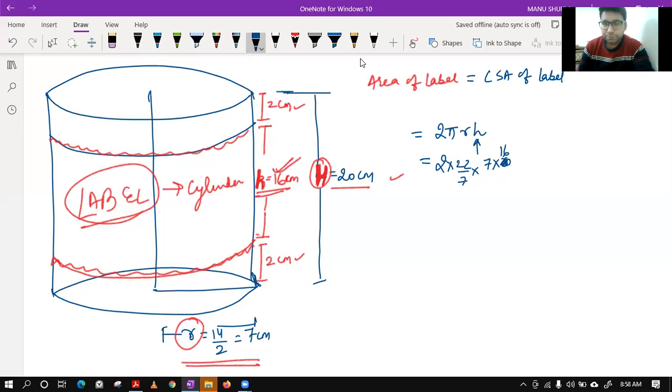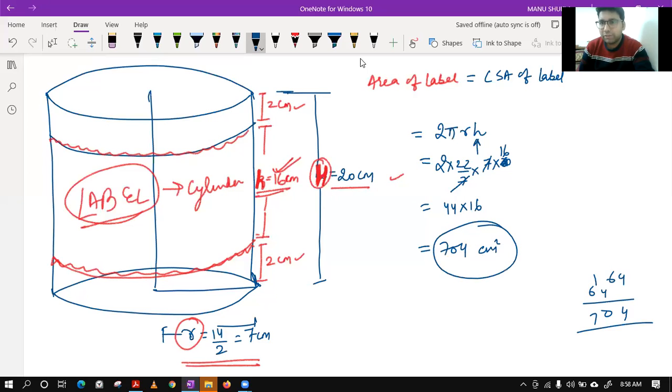Fine, 7 cancels. The answer is 44 into 16. Let me show you a trick. 64, 64, 704 centimeter square. Whenever you have numbers like 44, 22, 11, it is a very nice number to multiply with. Just multiply with the 4's first.